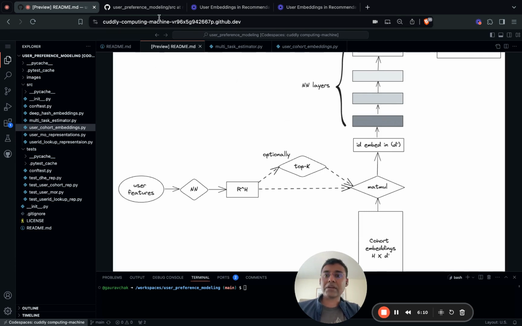Okay. The top K regularization that I was talking about is essentially: can we limit it to the top K? Maybe K is 1, so top 1 regularization.